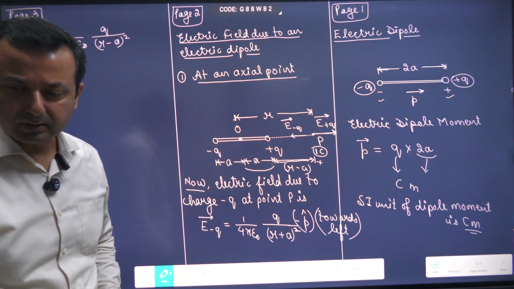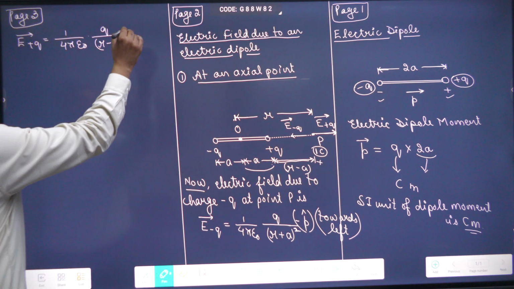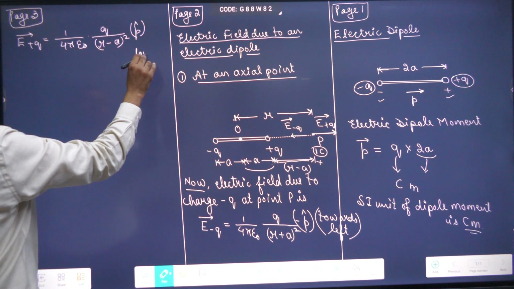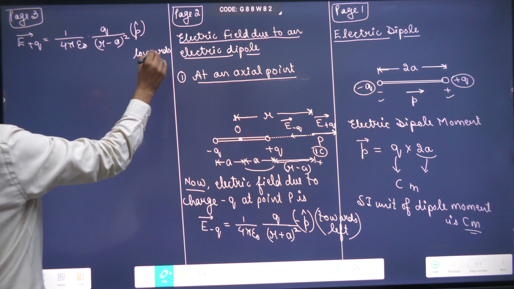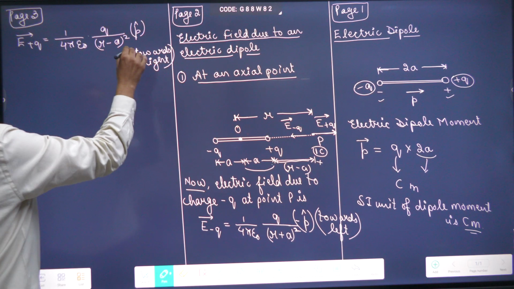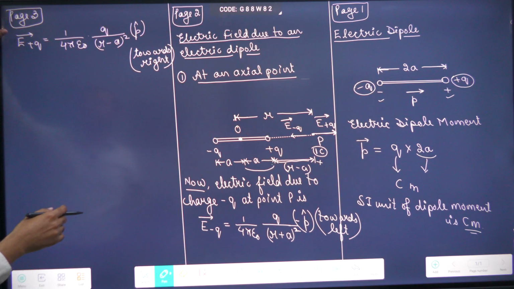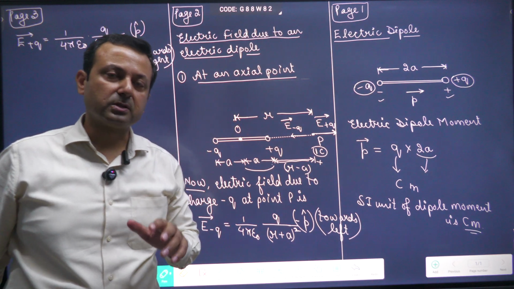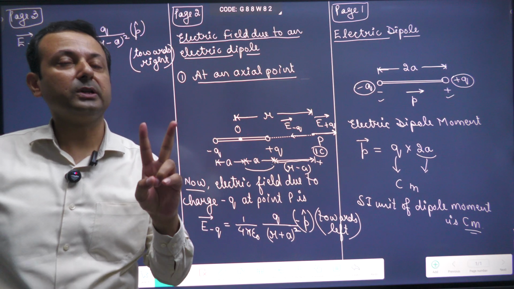Is this clear? So now we will take it as plus P cap, towards right. What does this whole system consist of? This dipole consists of only two charges.